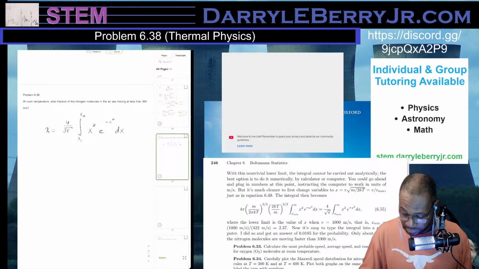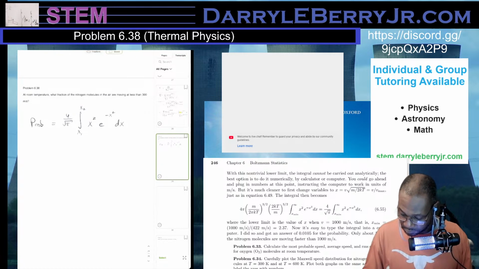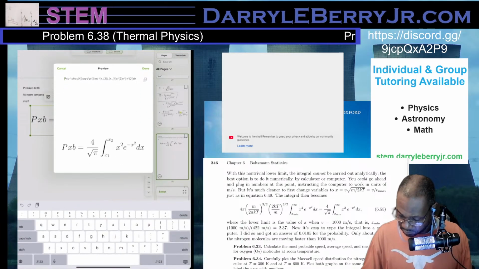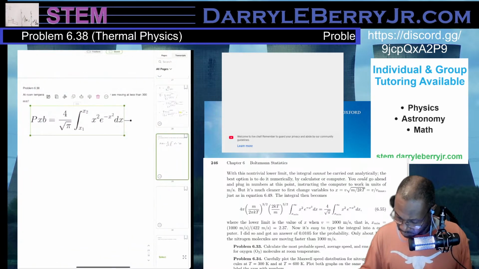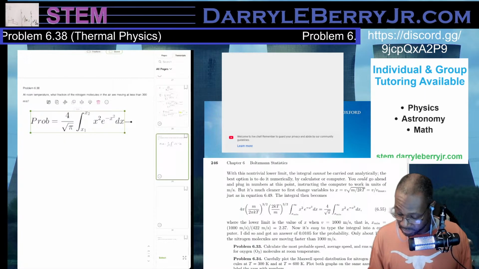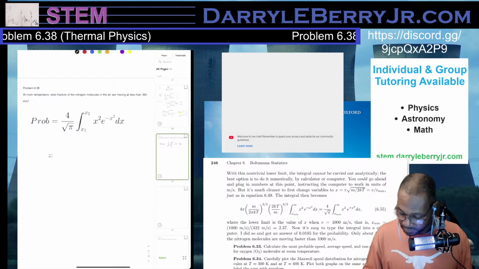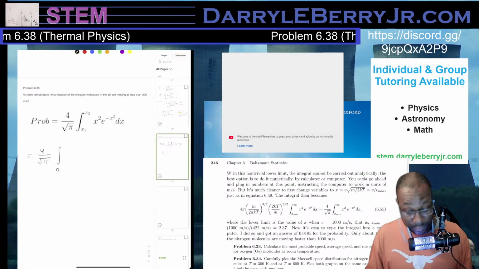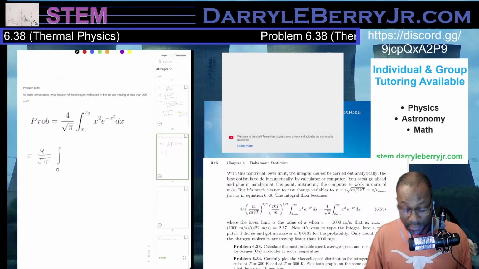I guess this should be probability. So in this case, we have 4 over the square root of pi, from 0 to x max.